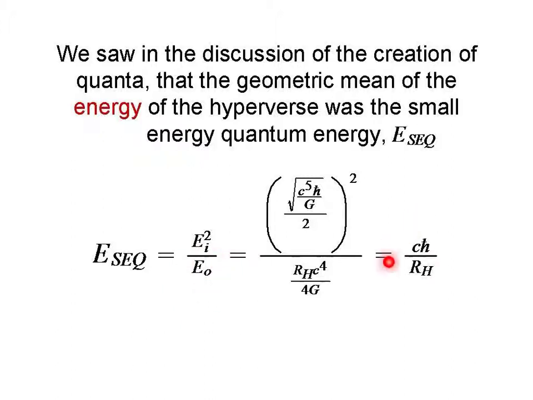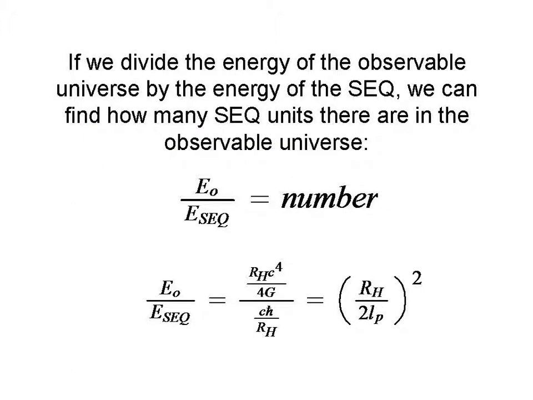And it works out, as we've seen, to C times h bar over the radius of the hyperverse. If we divide the energy of the observable universe by the energy of the SEQ, we can find out how many SEQ units there are in the observable universe. That works out to be the large number.